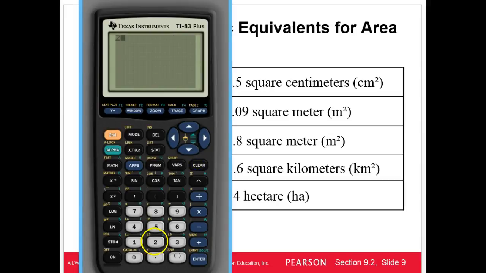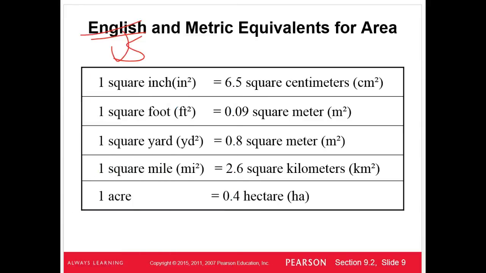If you remember in the unit section, it was 2.54 centimeters was an inch, and if we square that, we get the 6.4516, and they're rounding that to 6.5. Alright, so square foot, 0.09 square meters, and square yard, about 0.8 square meters. These are just, if you go back and look at your notes in chapter 9.1, it's the same thing. It's just that we're squaring these things because it's area.